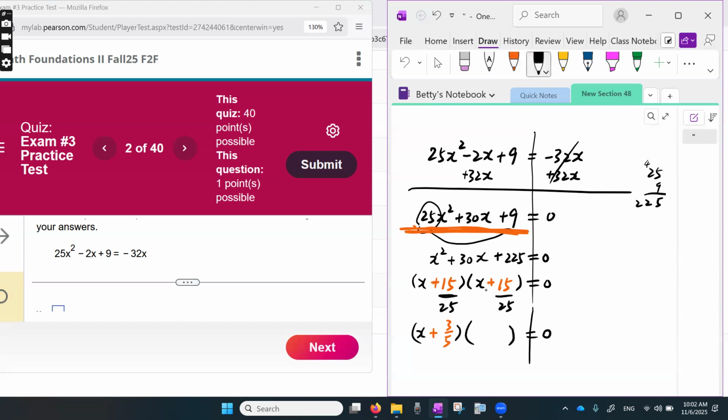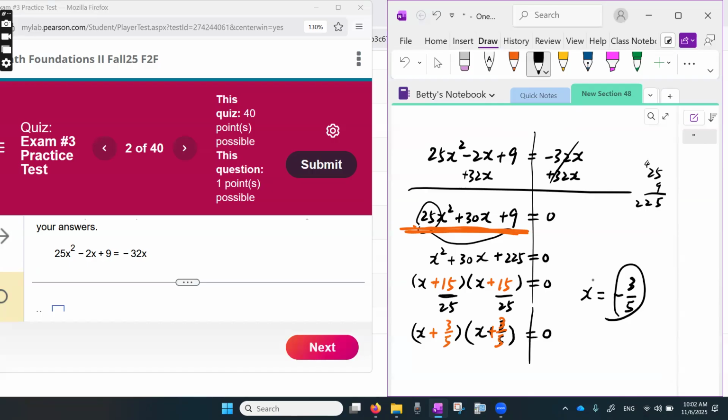Same with here. x plus 3/5. So the equation actually has two solutions, but the two solutions are identical. They are negative 3/5. All right, negative 3/5.